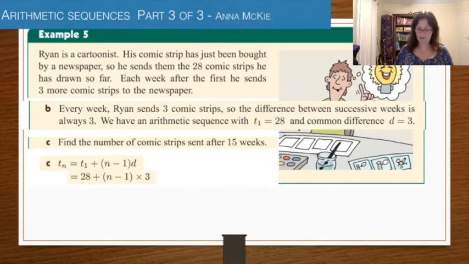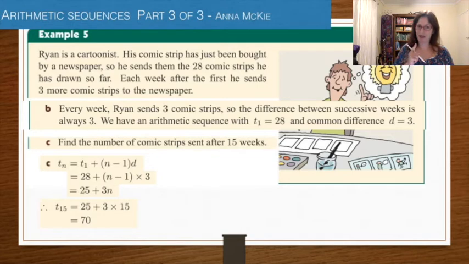We expand the bracket, so we're doing 3 multiplied by n and 3 multiplied by negative 1, so we get 28 subtract 3, which gives us 25. So here's our 25 plus 3 lots of n.